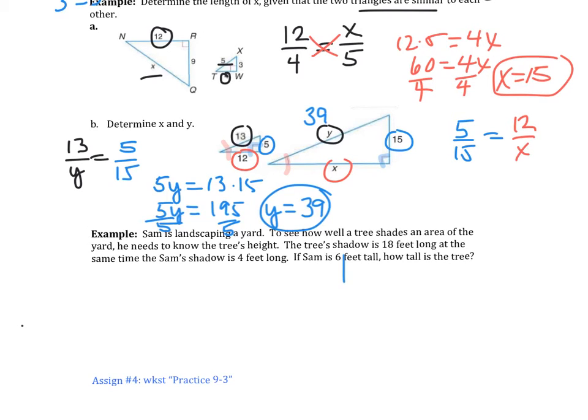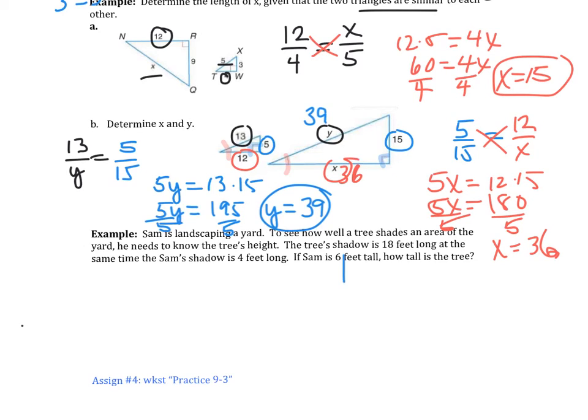Notice I went from small triangle to big triangle, small triangle to big triangle. 5 over 15, 12 over x, so 5x equals 12 times 15, and 12 times 15 is 180. Divide both sides by 5. I've got x is equal to 36. So x is equal to 36 here, which makes sense because my hypotenuse is the longest side there.